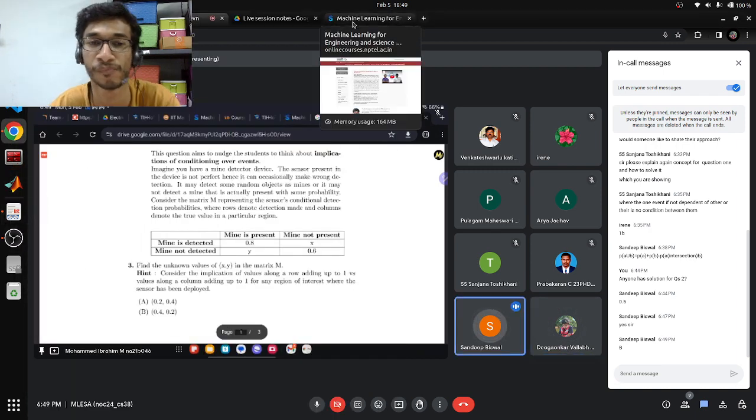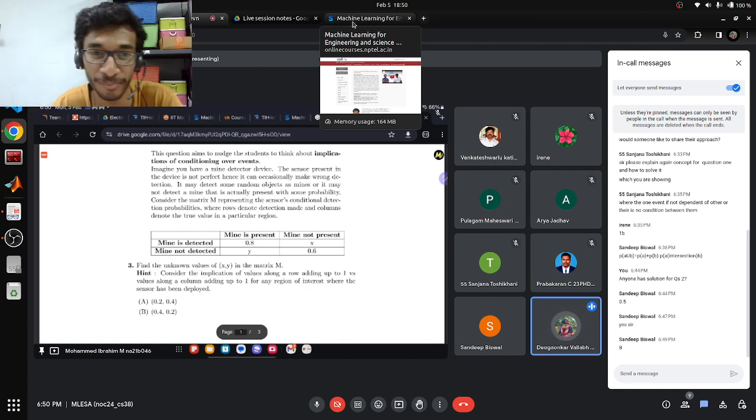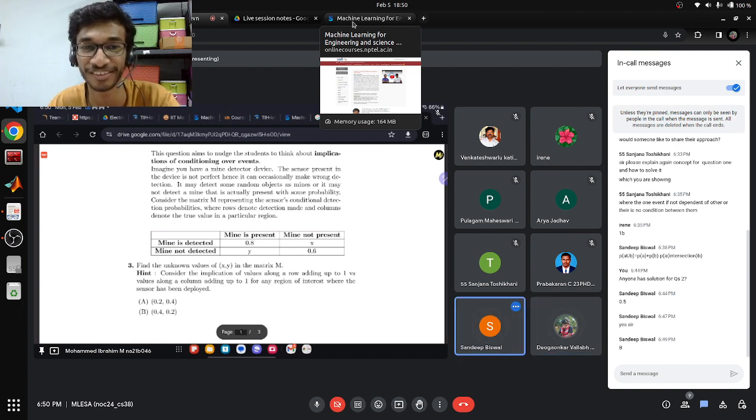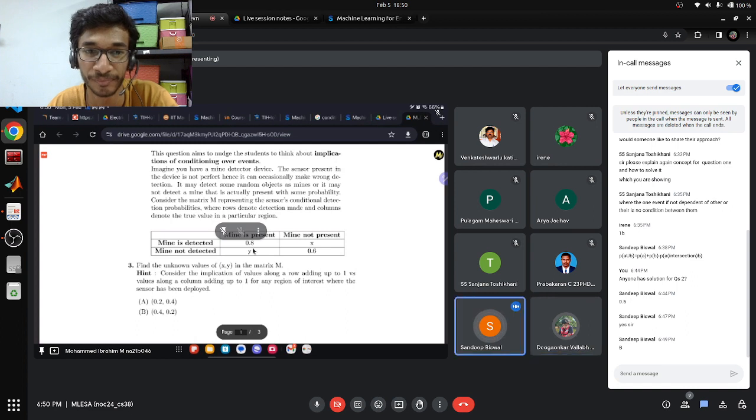Sir, if the mine is detected, then the probability is given as 0.8. So, this is actually a matrix, right? There is always a second condition to it. If the mine is present and it is detected by your sensors, yeah, it is 0.8, but if the mine is present and it is not detected, then it will be the rest.